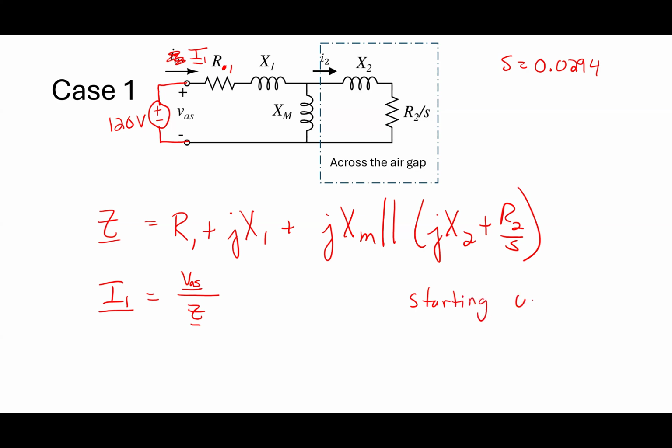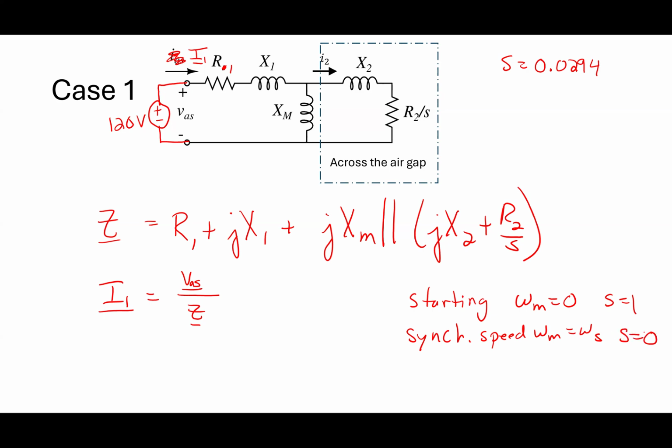In other words, at omega m equal to 0, S equals 1, and at synchronous speed, my full speed, omega m equals omega S, and my slip equals 0.